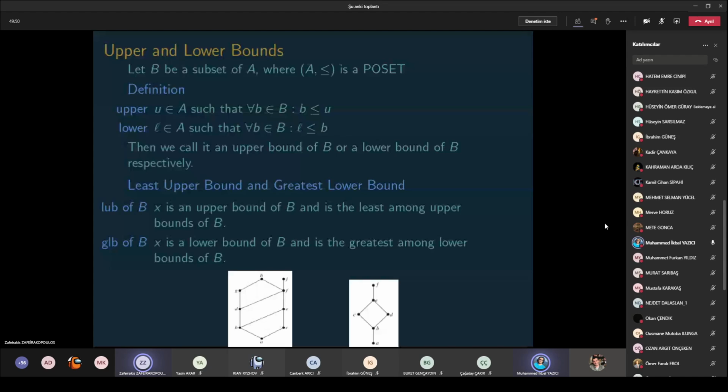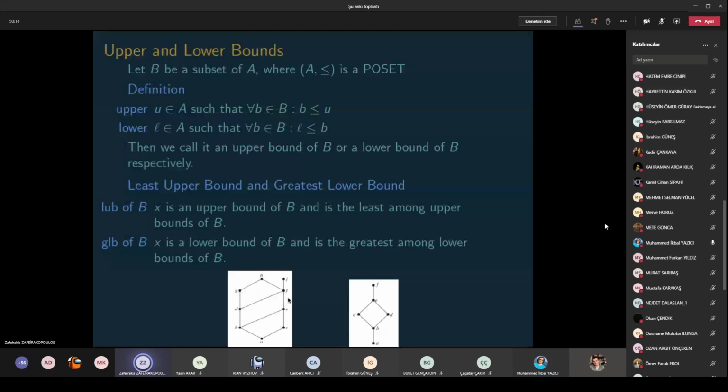Okay, so let's see. We have D, E, and F, and we want to find the least upper bound. So what are the upper bounds for D, E, and F? Is there an element that is an upper bound for D, E, F? F, exactly.